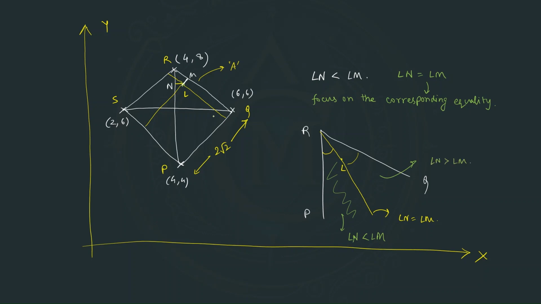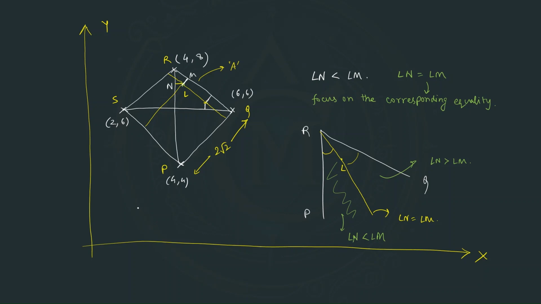Now think about this, that we only considered this case when L is at this point. If we take the L point somewhere here, then the nearest diagonal will change. Why? Because in that case, our nearest diagonal will be this. So we have to consider this and this line.